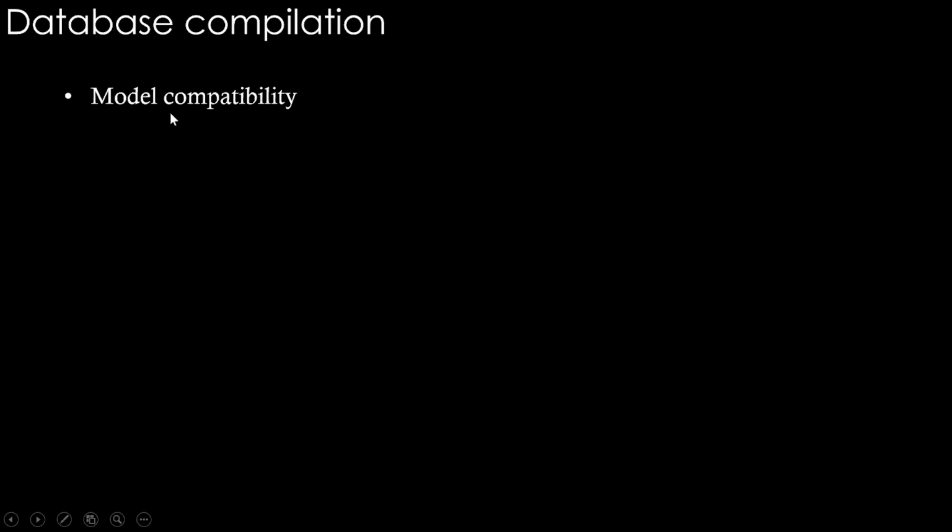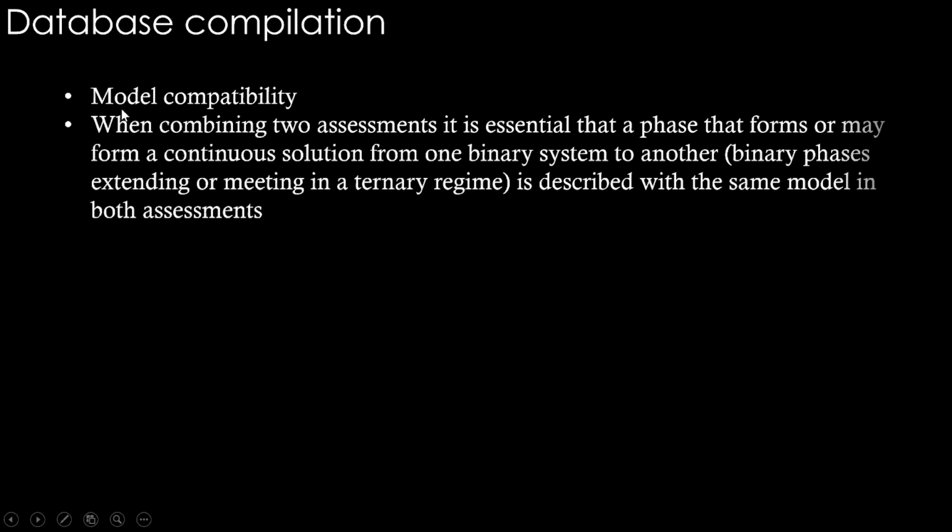Then another compatibility issue is model level compatibility, which can happen when combining two assessments. It is essential that a phase that forms or may form a continuous solution from one binary system to another, like the B2 that we have seen as an isostructural phase, or binary phases extending or meeting in a ternary regime, is described with the same model in both the assessments.